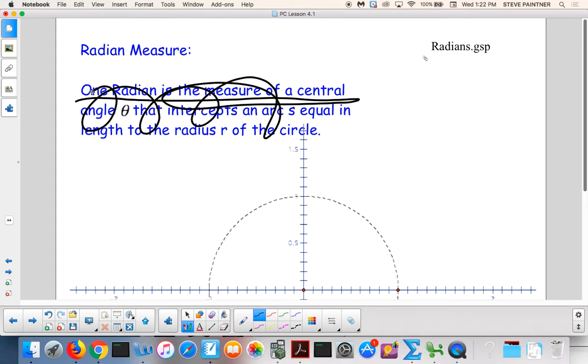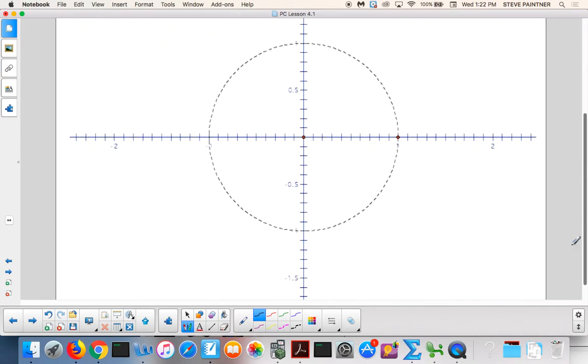Yes, Zach. Is it the length of the initial ray? No? Is it the length of the arc on the circle, like the angle in the circle and then in between the angle points is the radian? So here, I'll give you an example. See this? This is your initial side. This is your terminal side.